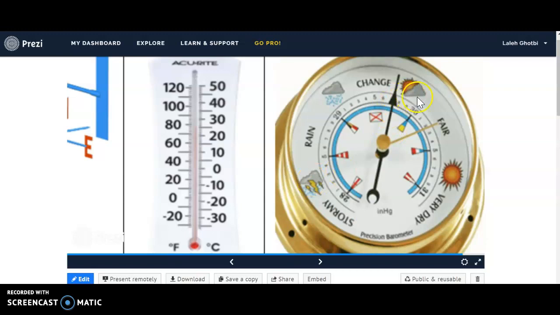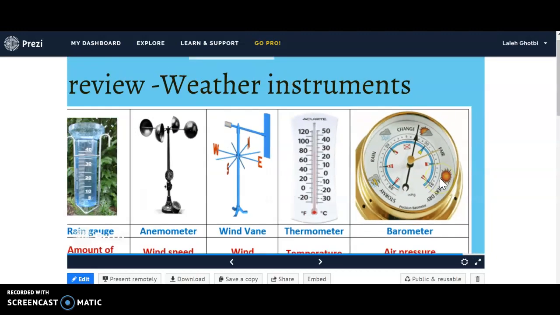But if air pressure goes higher, especially above 30 to 31, we expect fair weather. The higher the air pressure, the drier the weather. Just remember that. And you can read all of it from this instrument.